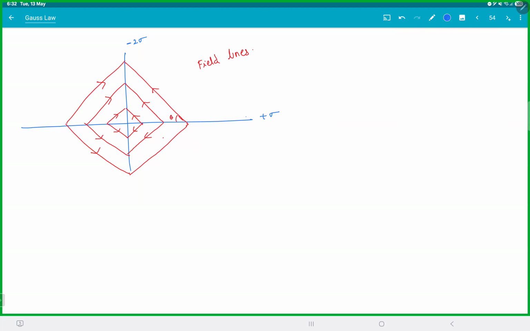Do you guys remember the properties of equipotential surfaces? The field lines are always perpendicular to the equipotential surfaces. That means if you draw perpendicular to this, the green ones will be equipotential. So if I draw them, equipotential surfaces are perpendicular to field lines.